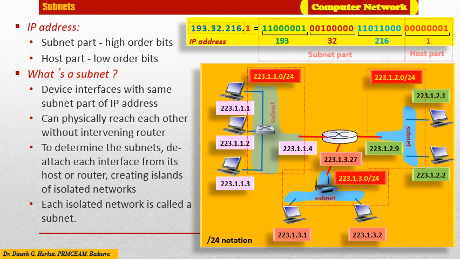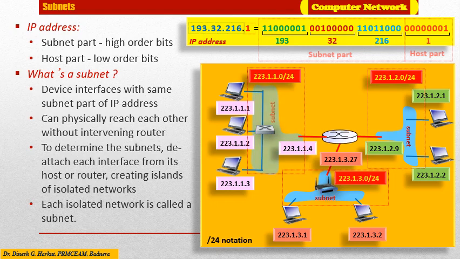In IP terms, this network interconnecting three host interfaces and one router interface forms a subnet. A subnet is also called an IP network or simply a network in the internet literature. The typical characteristic of a subnet is that device interfaces have the same subnet part of the IP addresses.